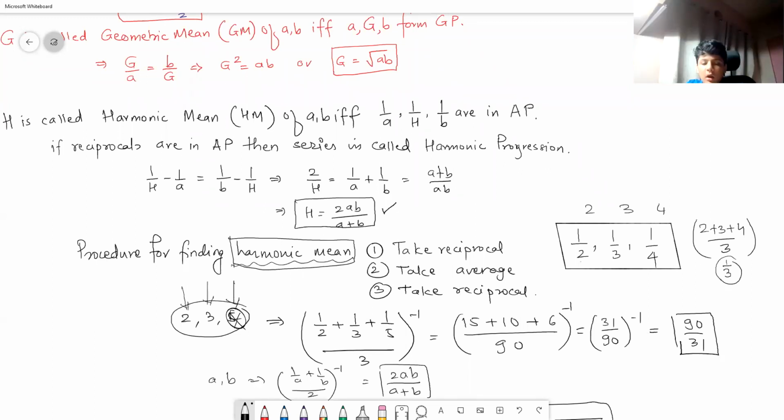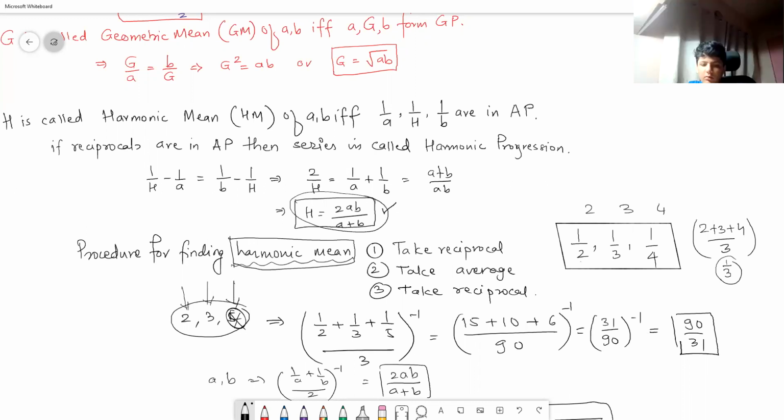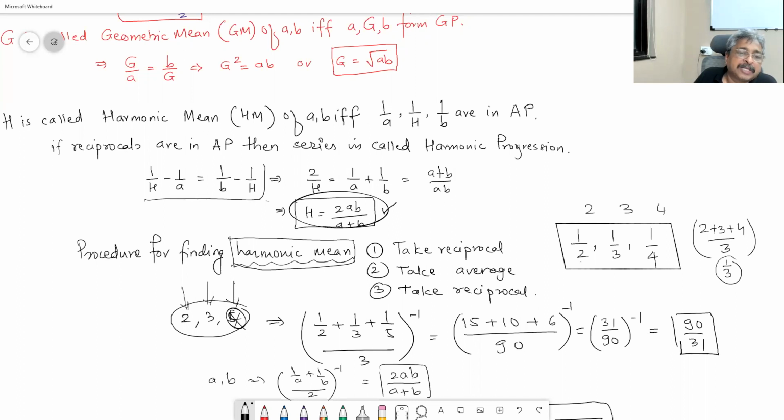Sir, but by using H is equal to 2ab upon a plus b, it does not come. Yes, it has come. We have got this formula because the reciprocals are in arithmetic progression.